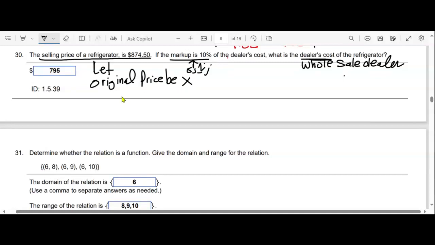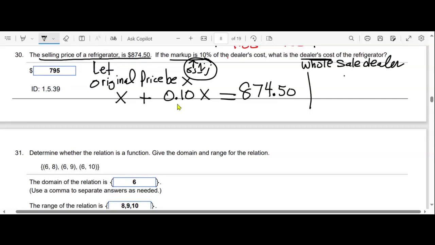So let the original price be X. Now, how much markup, how much extra does he want? 10%. So 10% is going to be 0.10 plus X equals how much he sold it for, 874.50. Right. Now, can we add this together? What are you going to get? 1.10x equals 874.50.